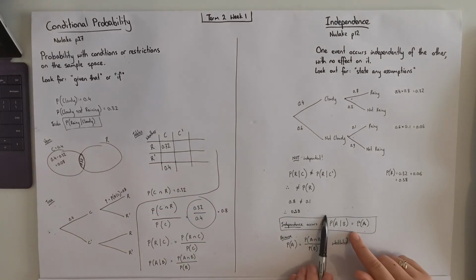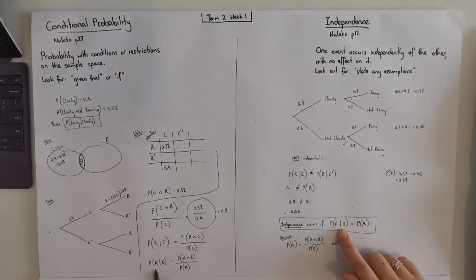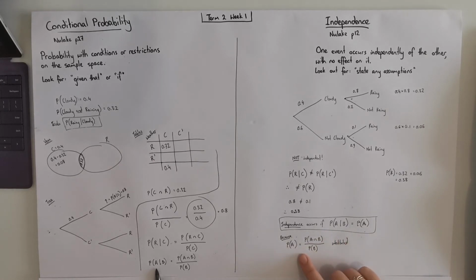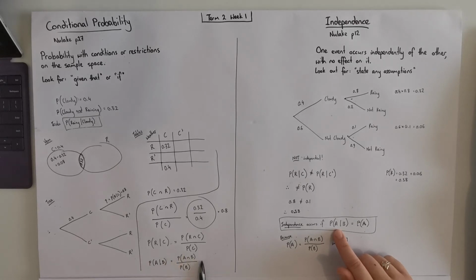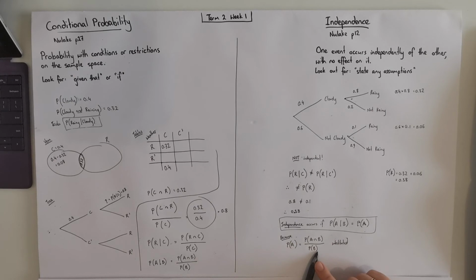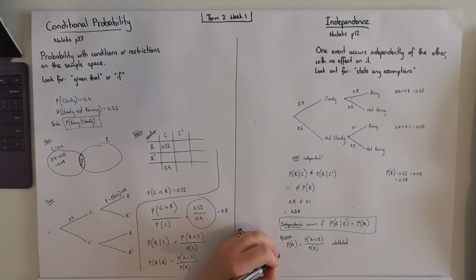Now, I've noted that I've used my conditional probability here, which we had over on the left at the bottom of the page. So all I've done in this next step is replace my conditional probability with what it is equal to. So now I can say the probability of A is equal to the probability of A intersected with B, divided by the probability of B. Now, if we rearrange this, we get something that is a little bit easier to work with.